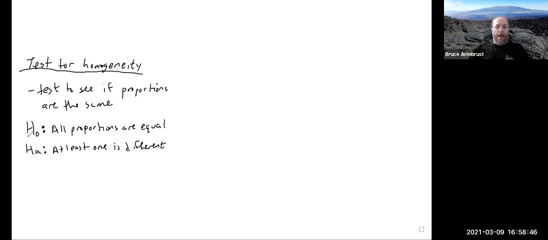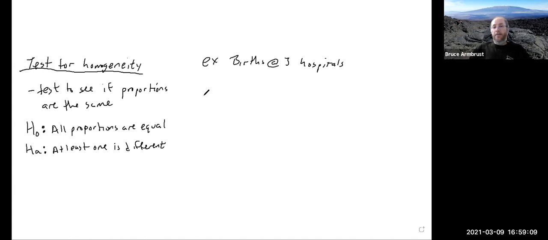All right, now an example. Let me just give you an example here so you can kind of see what we're talking about. Let's say we're looking at births at 3 hospitals. Okay, so we're going to look at 3 different hospitals.